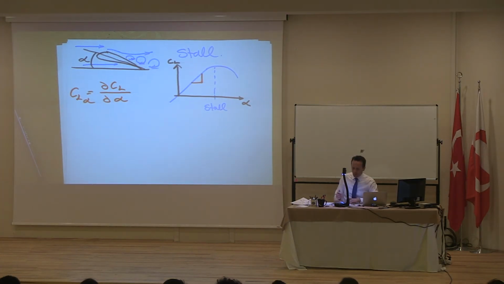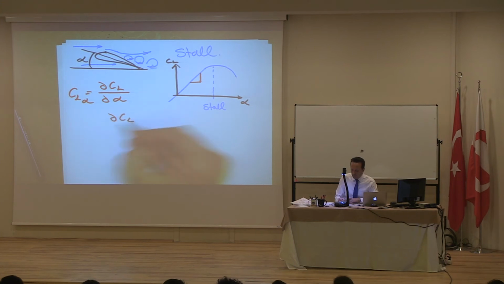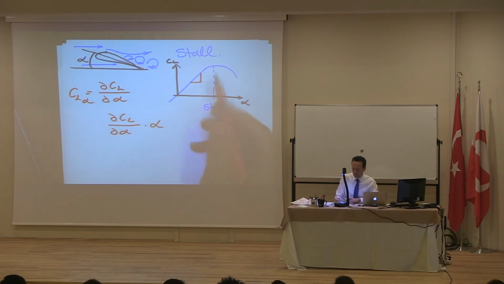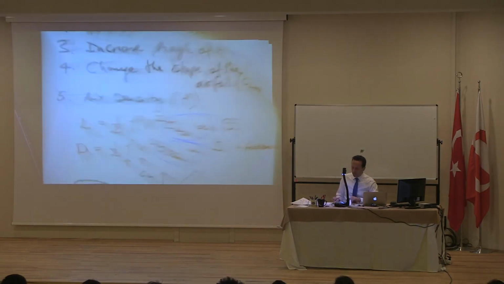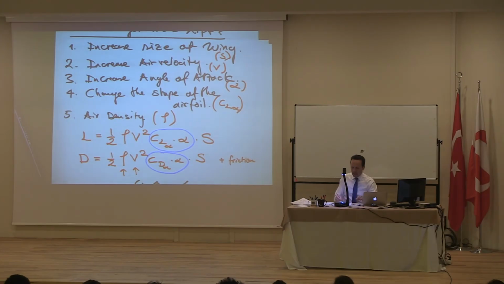Okay? So which means if you calculate del CL, del alpha, times alpha, what do you get? You find CL. Right? That's what we call the slope. So here in this formula, CL alpha times alpha is really CL.